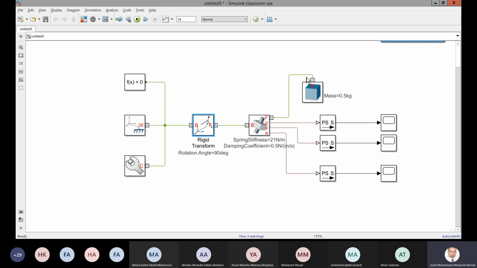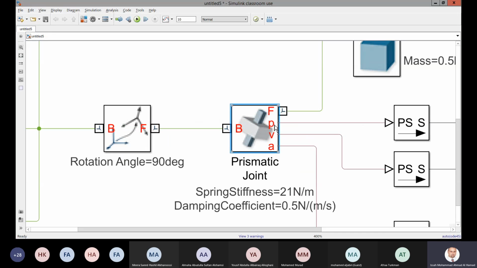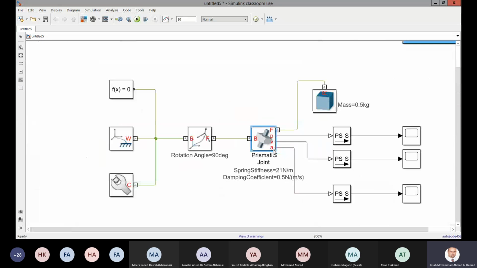This is for the body itself. Now we added the spring, we added stiffness, and we added the damping coefficient. We also added the initial position, and the stretched length. Mass, and we also added here 3 sensors, one for position, one for velocity, and one for acceleration.